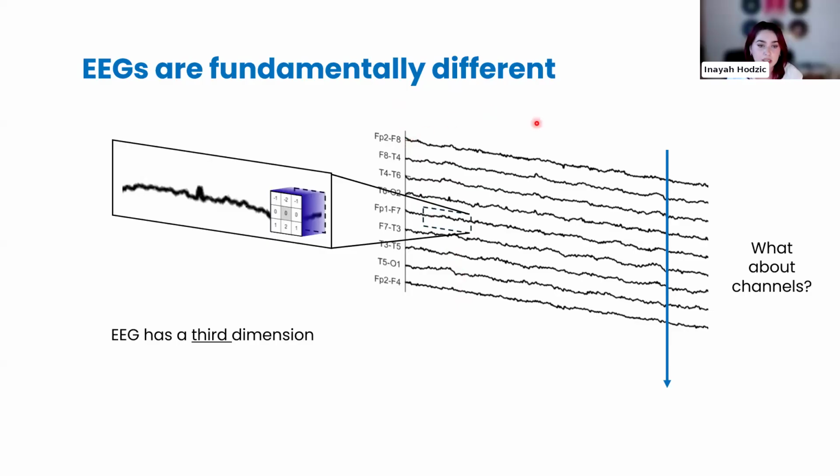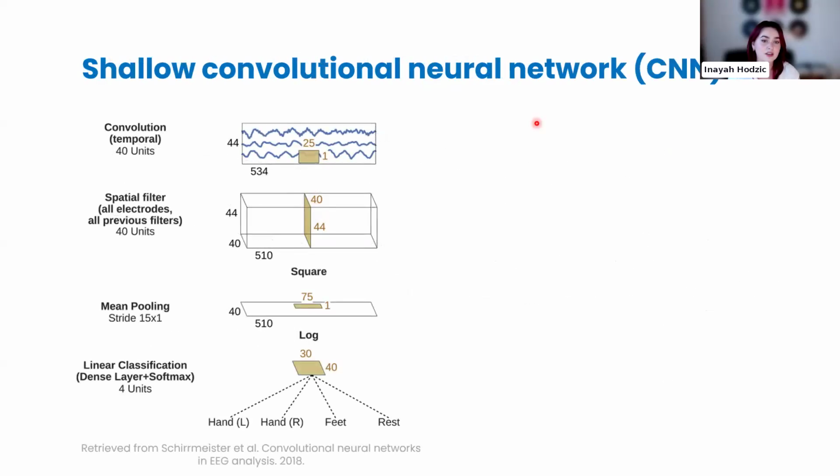But luckily, research is very vast, and Schirrmeister et al. are researchers who have actually created an adaptation of the original convolutional neural network, specifically adapted to work for EEG data. This is a figure that I took from their very brilliant paper, and the shallow version, so it doesn't have many layers. But the idea is that the first initial convolution step is split into two distinct steps.